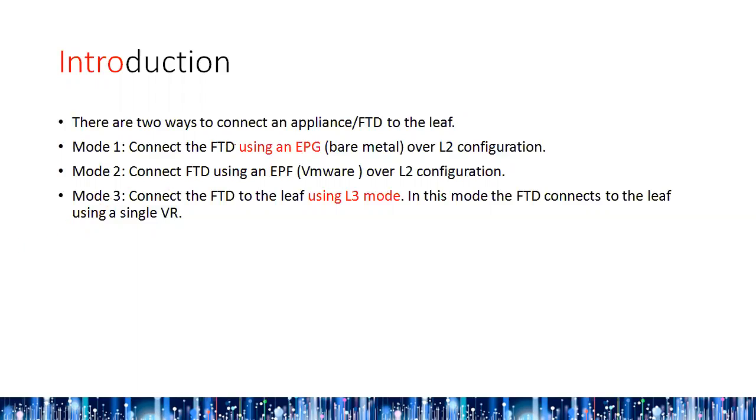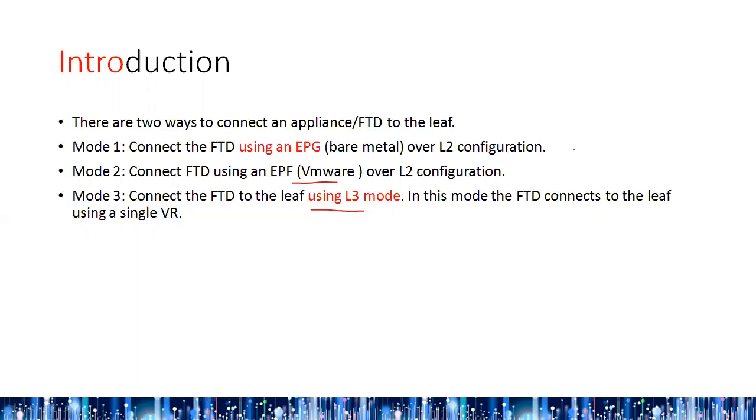I'm just giving the FTD as a reference. An FTD or a firewall or a network device can connect using an EPG, a bare metal, or using VMware as a platform, or using L3 outs when it wants to connect through a networking or a routing domain.